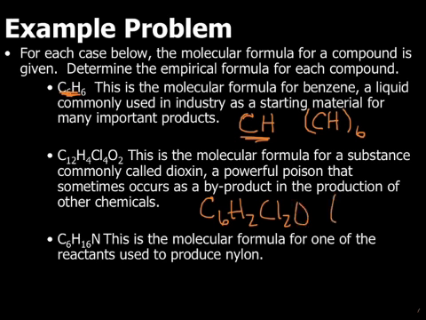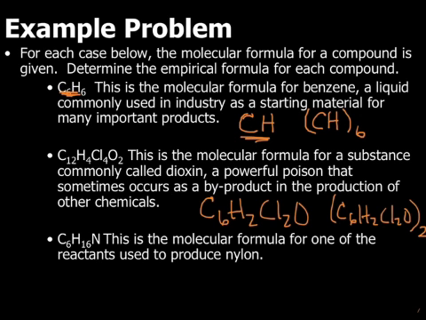And again, if you wanted to, you could write it this way, C6, H2, Cl2, O, and then we could put our 2 on the outside. So we can divide all of those by 2, and we end up with C6H2Cl2O. Now our last one, C6H16N, is a substance they use to make nylon.